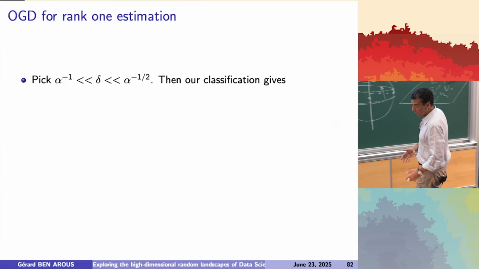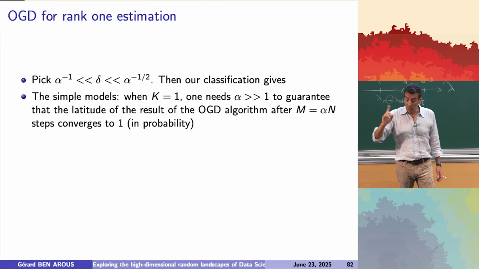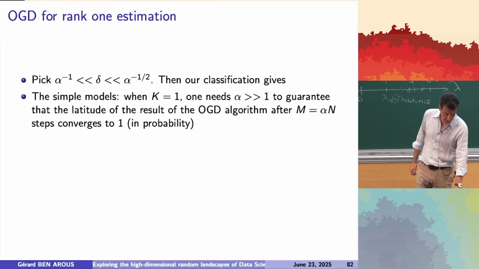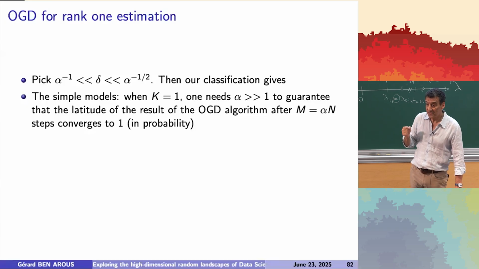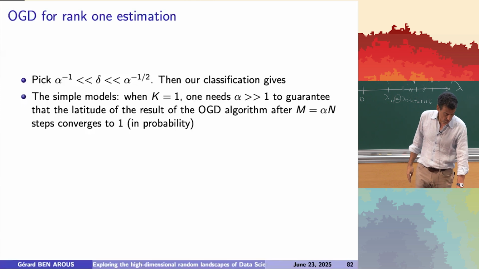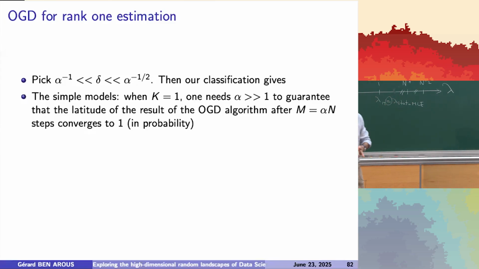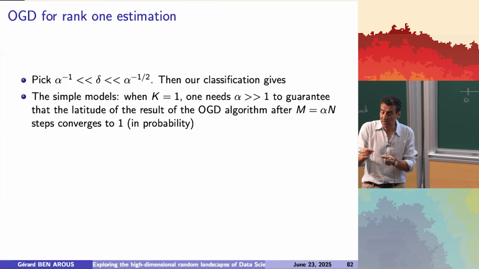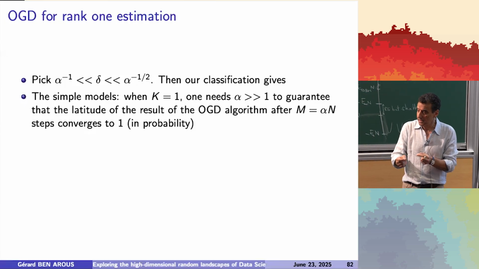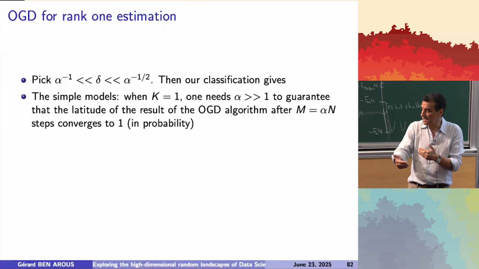Once you do that, you have the following classification. The simple model: information exponent equal to 1. You need alpha to be larger than 1, which means the number of samples must be larger than the dimension, which seems reasonable. That guarantees that after alpha n steps, because in online SGD each step corresponds to one data point, and I'm not reusing data, the number of steps is the size of my sample.